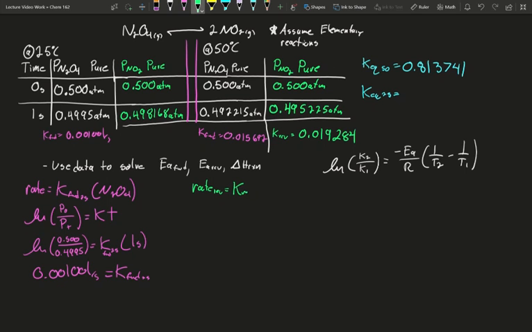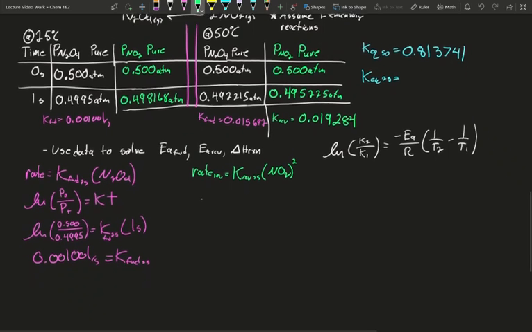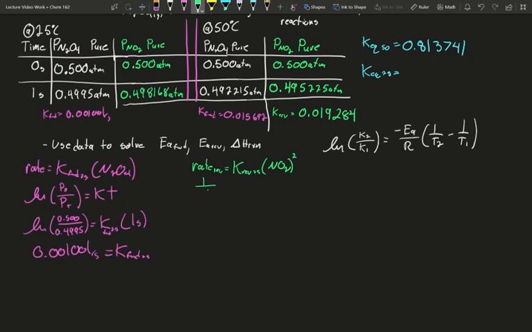In terms of our K reverse at an alternate temperature, well, the rate reverse is going to equal the K reverse at 25 times NO2 squared. This one was second order, which means we need the second order integrated rate law to help us solve it. 1 over the pressure at time, 0.498168, minus 1 over the pressure initial, 0.5, must equal Kt.